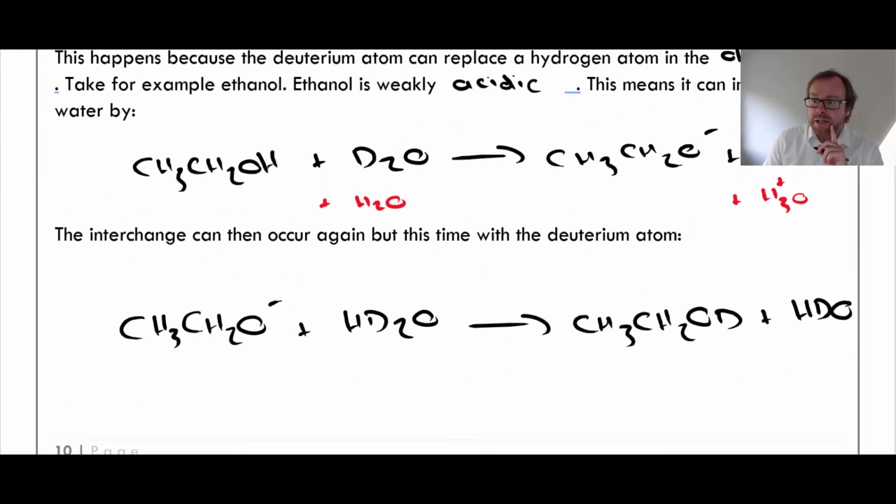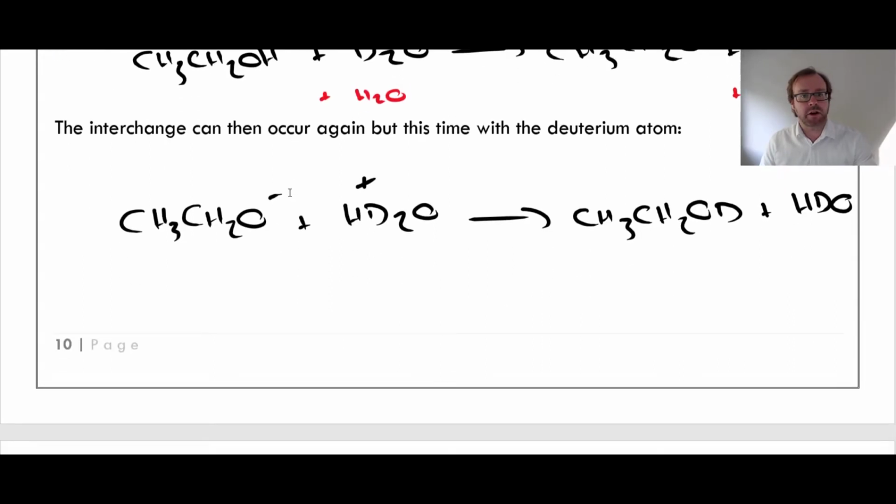The interchange can then occur again, this time with a deuterium atom. So here I'm taking my oxonium ion, and it can give back one of the deuterium atoms instead of one of the hydrogen atoms. So deuterium instead of hydrogen rejoins.